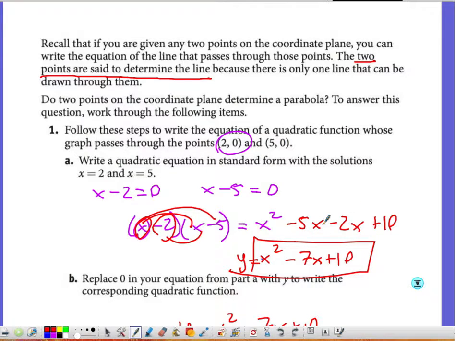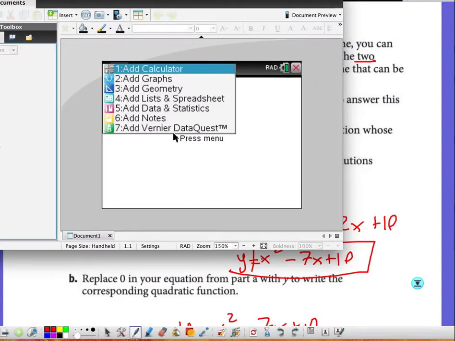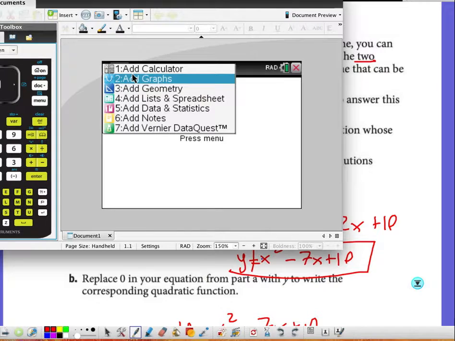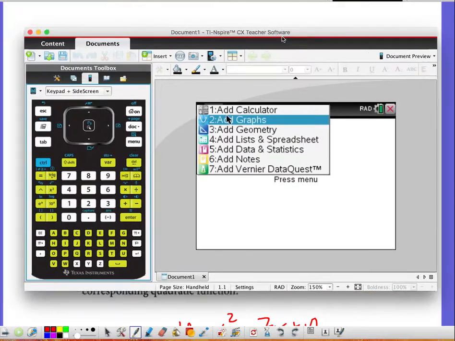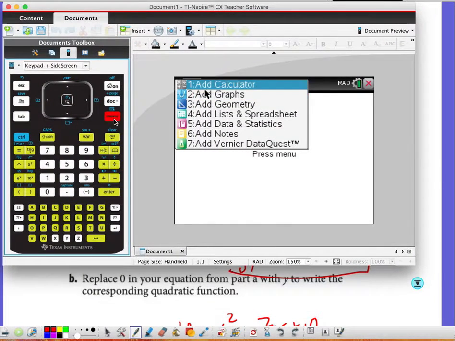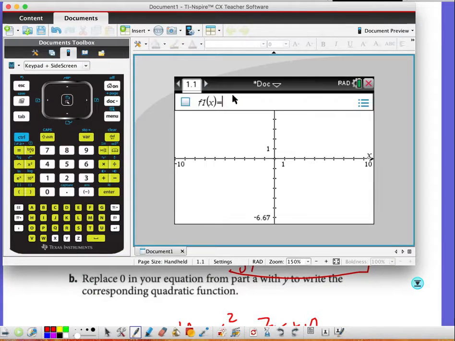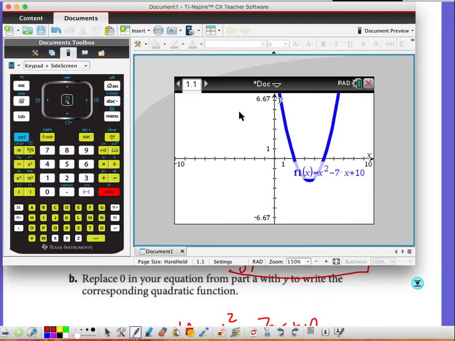First equation was x squared minus 7x plus 10. Go to menu, graphs, x squared minus 7x plus 10. Notice it goes through those 2 points, (2, 0) and (5, 0).